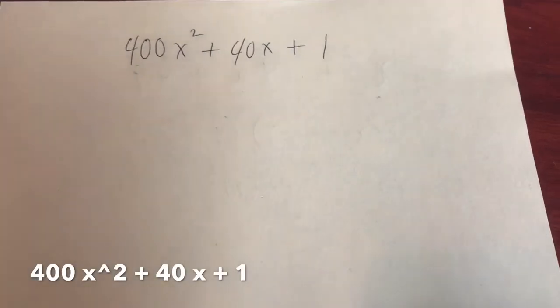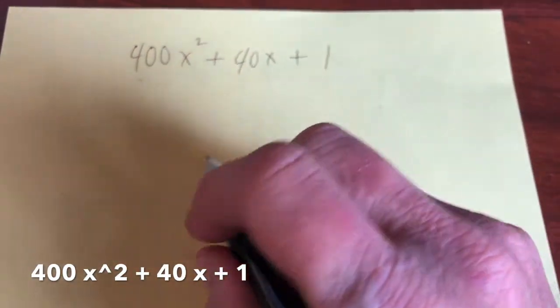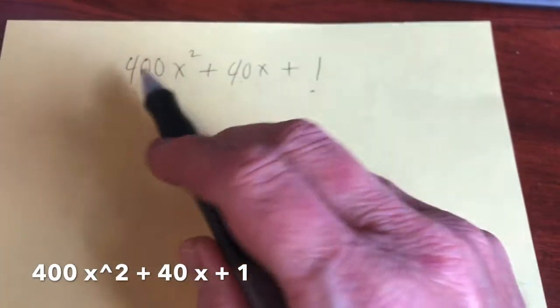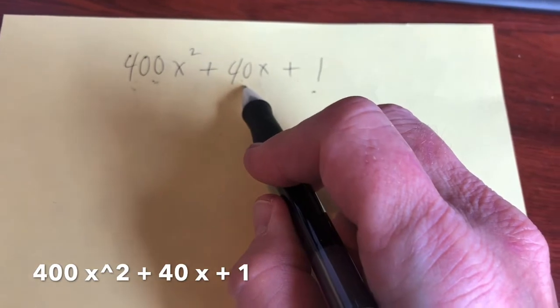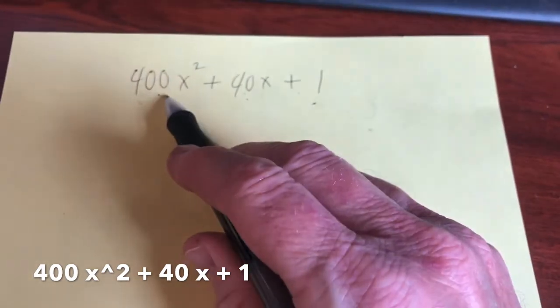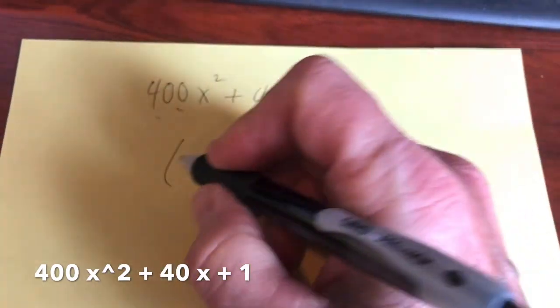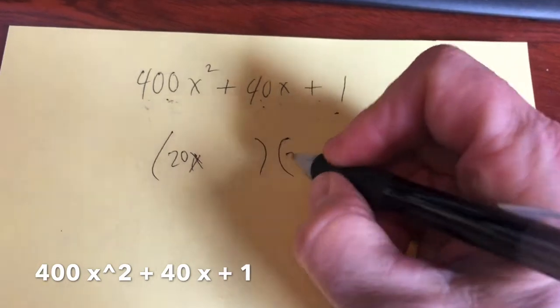Now, this kind of goes back to Friday's lesson where we have a trinomial, okay? We do have a perfect square on each side, but we need 2 factors of 400 that are going to equal 40 when we add them together. So since this is a perfect square, let's take a look. 20x and 20x.